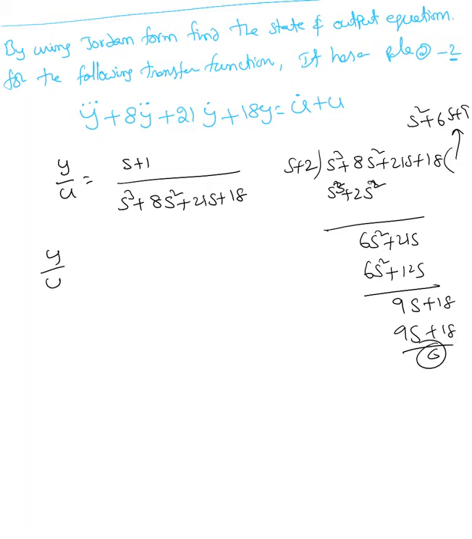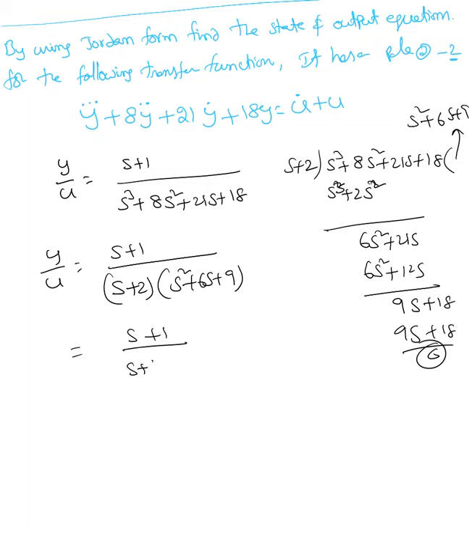So this y by u, I can write this as s plus 1 over s plus 2 and s square plus 6s plus 9. Now again I can simplify this as s plus 1 over s plus 2 and s plus 3 whole square.